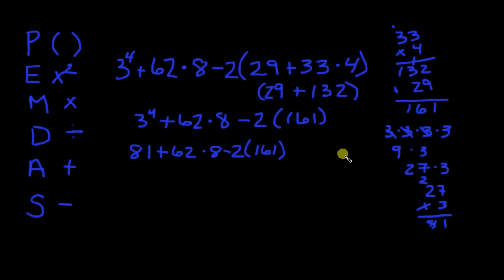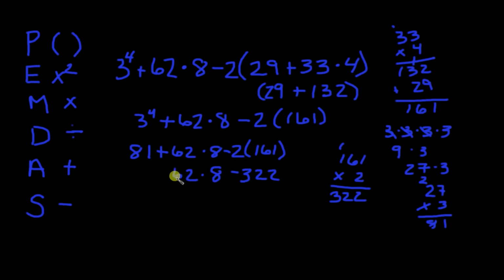So 161 times 2, and I know it's a negative 2, but there's a little trick here. 2 times 1 is 2. 6 times 2 is 12. Bring the 1 up. And 2 times 1 is 2. Plus 1 is 322. Now you're taking a negative 2 times a positive. So negative times positive gives us a negative 322. Bring down our 8.